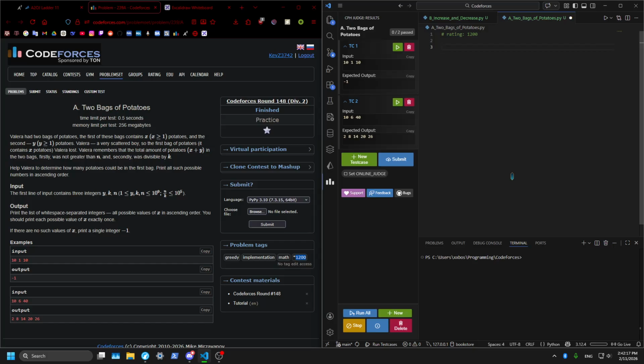X, Y, K, N. You print each possible value of X exactly once. If none, print -1.